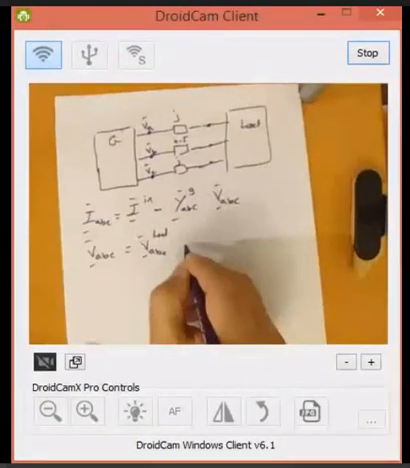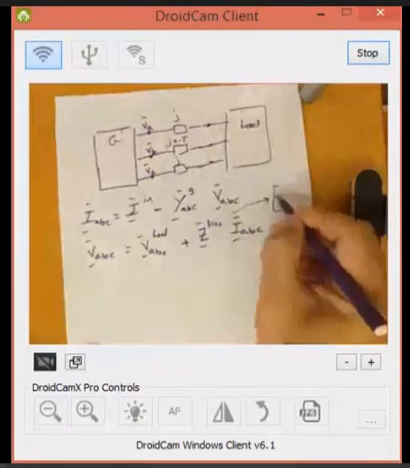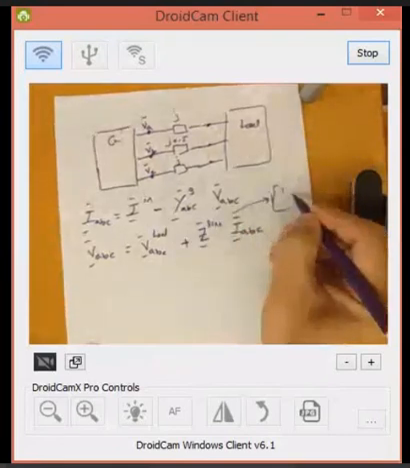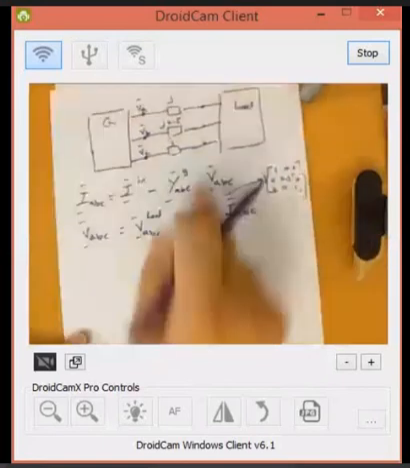So then VABC of the generator equals VABC load, and VABC load is equal to Z load multiplied by IABC plus Z line multiplied by IABC.